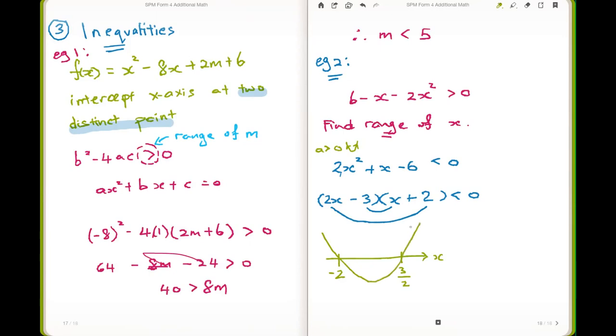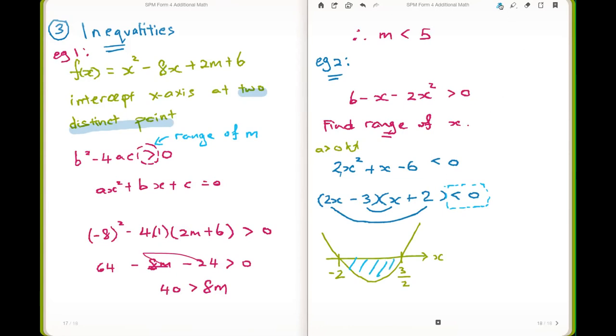I think marks are given if you manage to sketch it. Since you are looking for less than 0, the part where y is less than 0 is here.